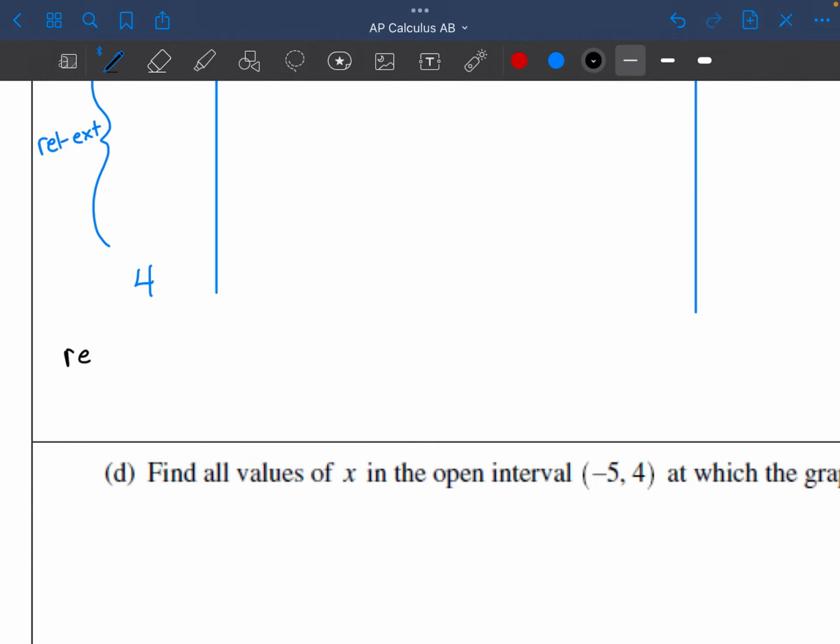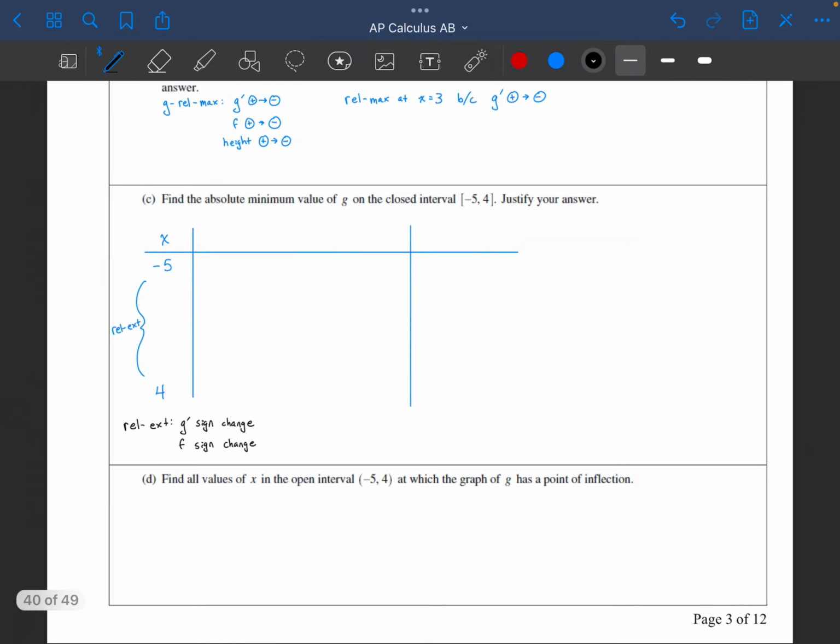A relative extremum is where you have, if we're talking about G, a G prime sign change. And because G prime is the same thing as F, we're looking for an F sign change. And I've already made the analysis before, but F is height. So is there a height sign change?